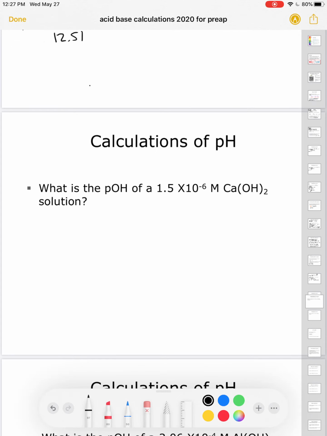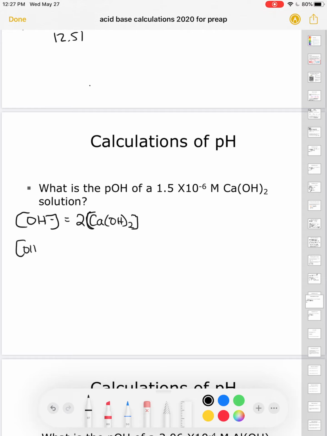Ooh, calcium hydroxide. That's a dibasic base. That's exciting. So our hydroxide concentration here is going to be 2 times the concentration of our calcium hydroxide, because we have 2 hydroxides for every calcium hydroxide.